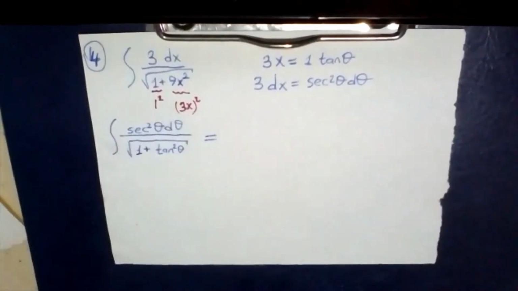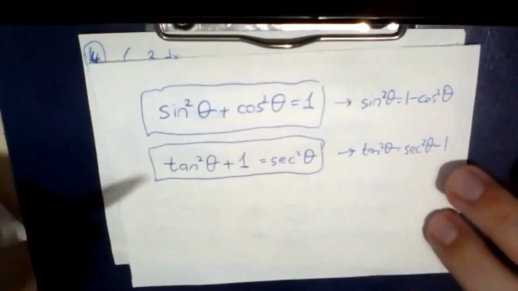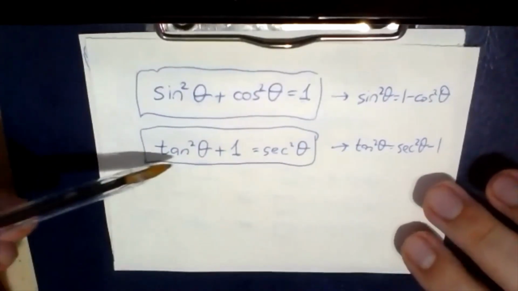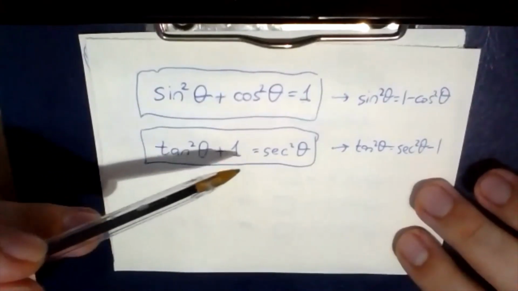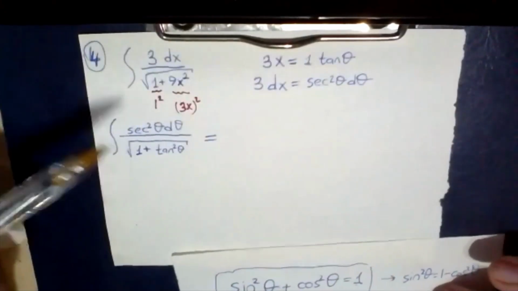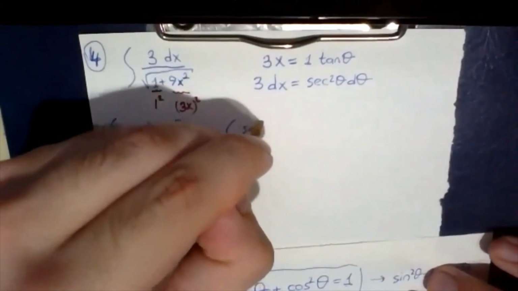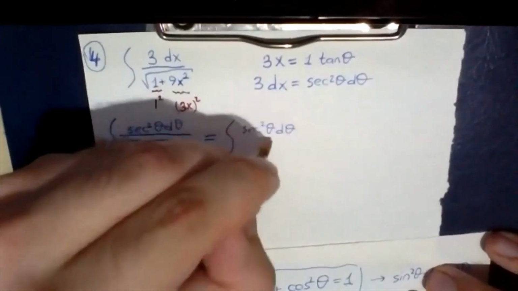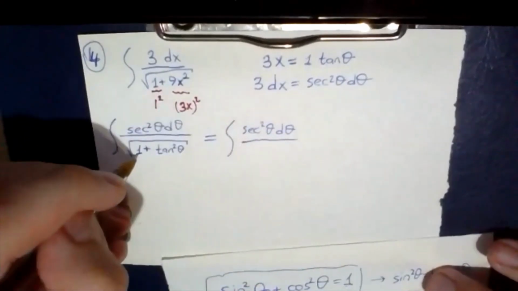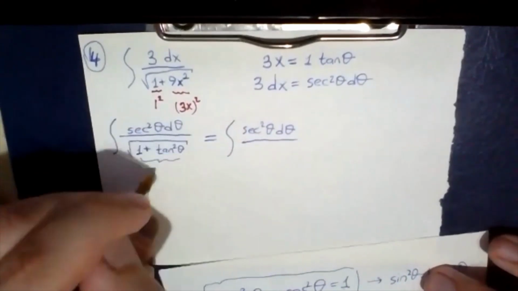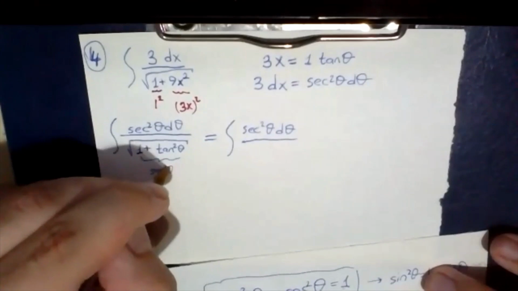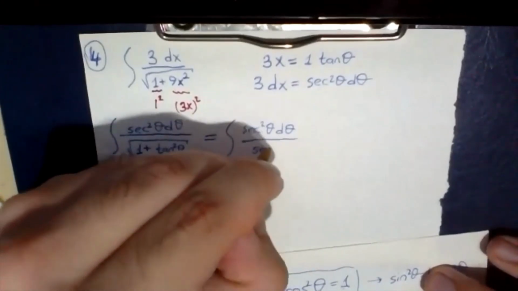Then, where is my, okay, trigonometric identity sheet. Tangent square theta plus 1 is equal to secant square theta. So we will have secant square theta d theta over square root of secant square theta, which will be only secant theta.